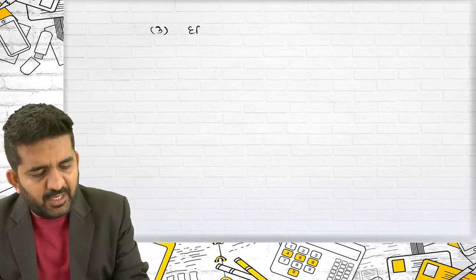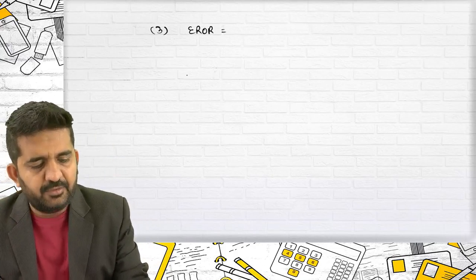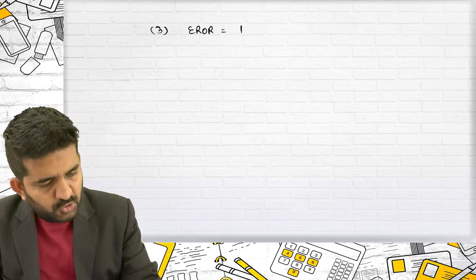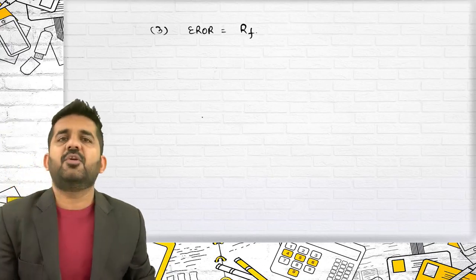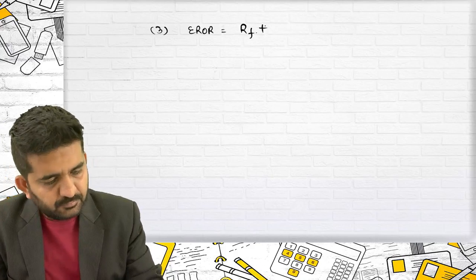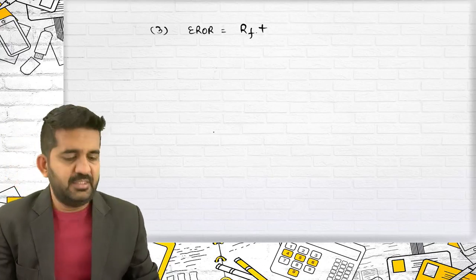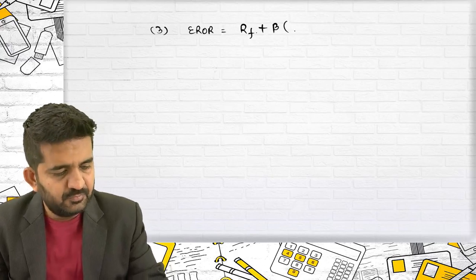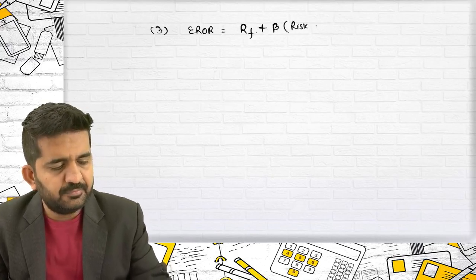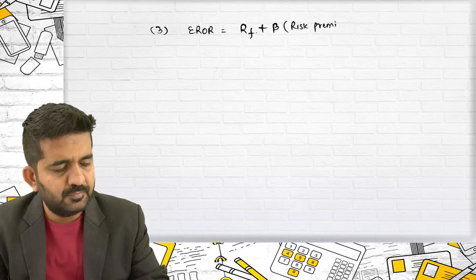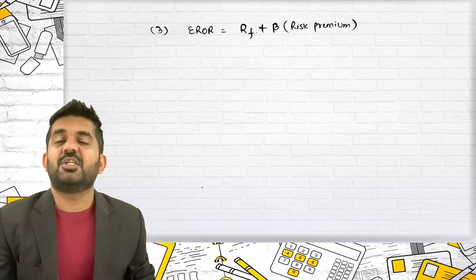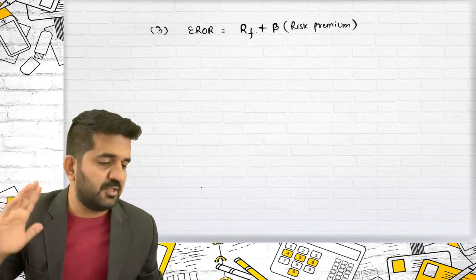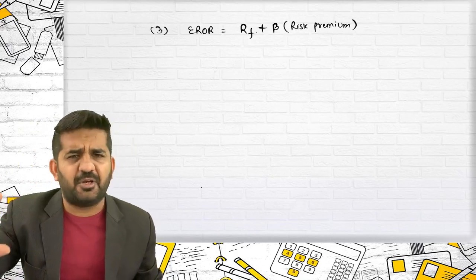It says your expected rate of return should be equal to the risk-free rate of return plus sensitivity or beta into risk premium. That is nothing but RM minus RF, which is nothing but risk premium. Risk premium and return premium are one and the same.